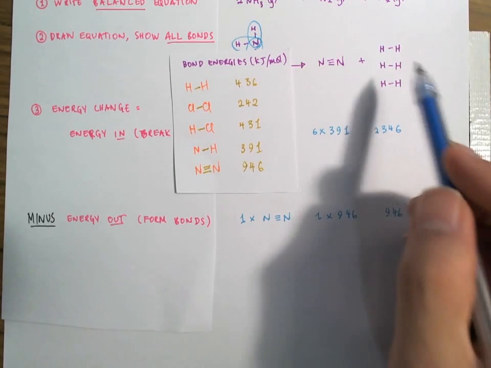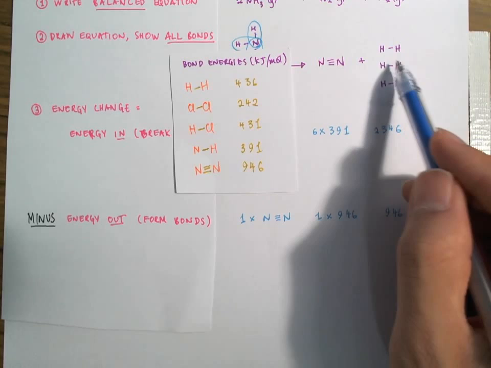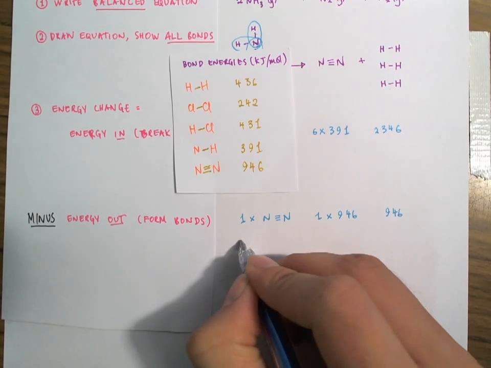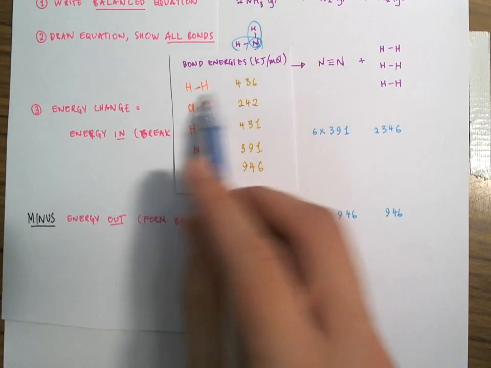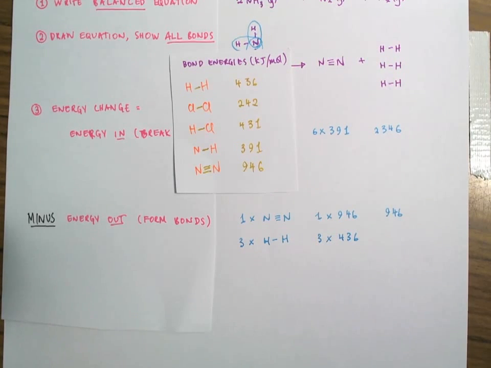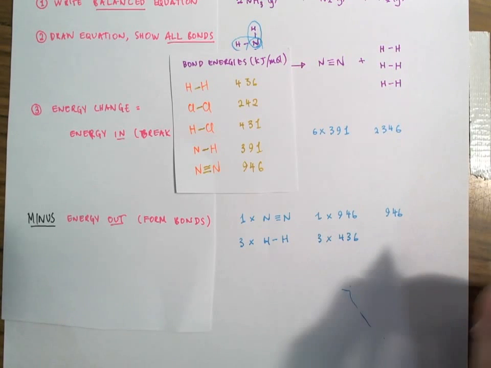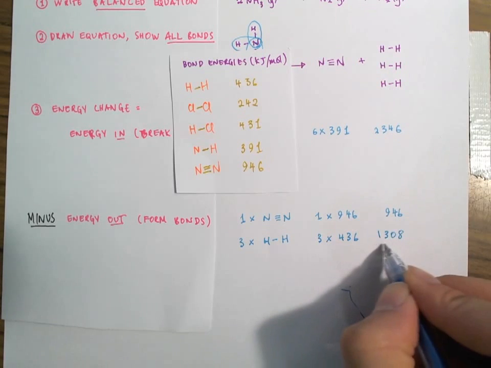Right, and let's see what else I have. I have HH bonds, and I have 1, 2, 3 of them. So I'm going to have 3 of these HH bonds, which will be 3 times 436, and 3 times 436 is going to give me 1,308 kilojoules.